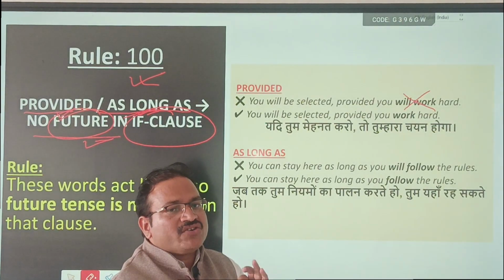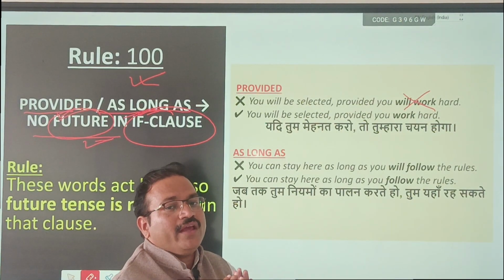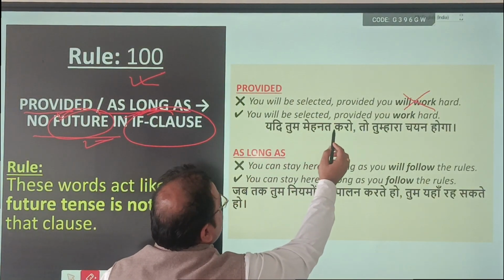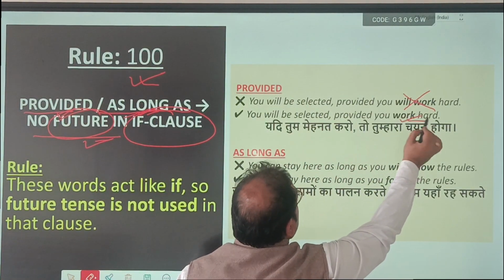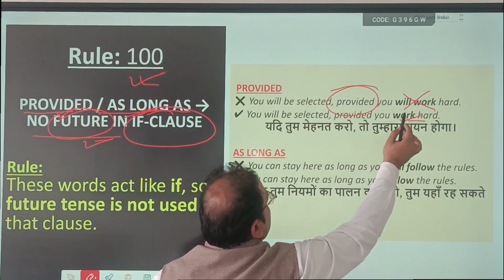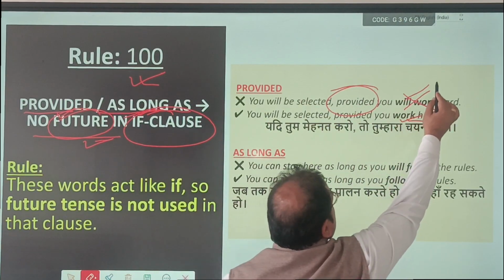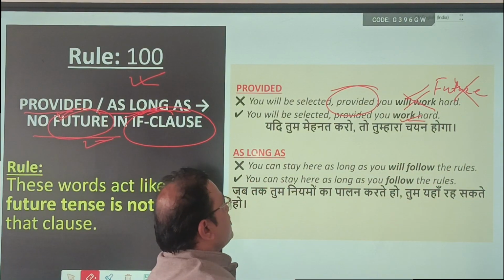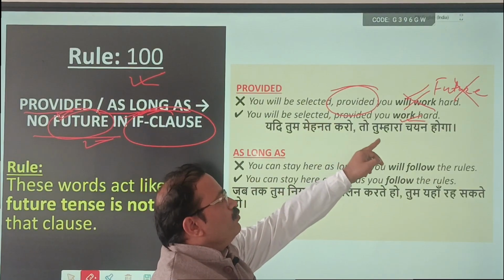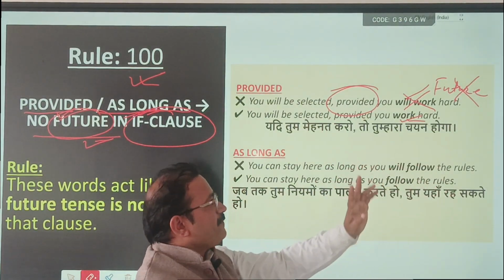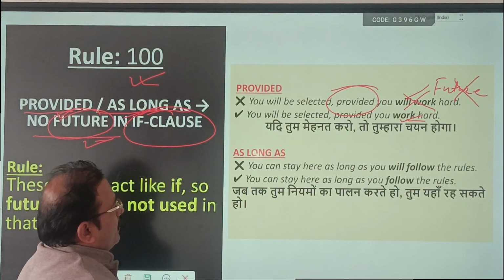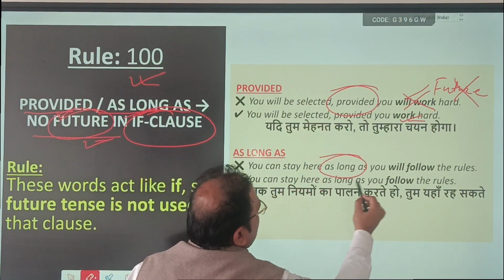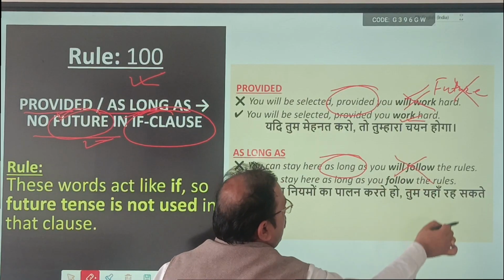बशर्ते कि तुम हार्ड वर्क करोगे. सुनने में सही लगता है. Translation in Hindi seems to be right, but it is grammatically wrong in English. Why? You will be selected provided you work hard. When you use provided, we don't use future tense. What we use? Present tense. यदि तुम मेहनत करो तो तुम्हारा चयन होगा. Same here: "You can stay here as long as you will follow the rules." Wrong.